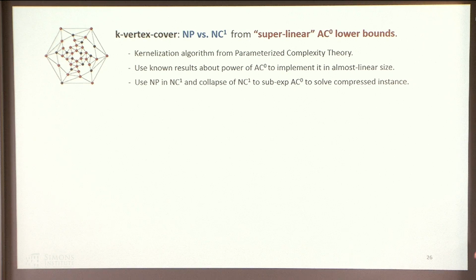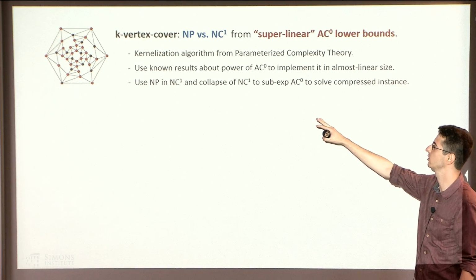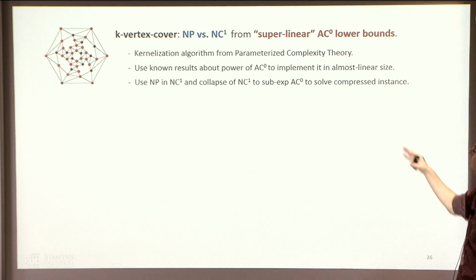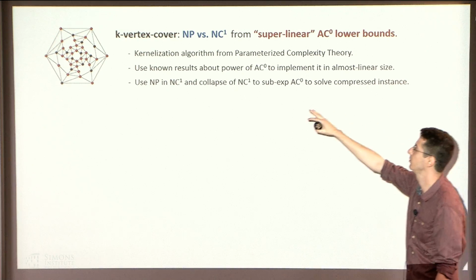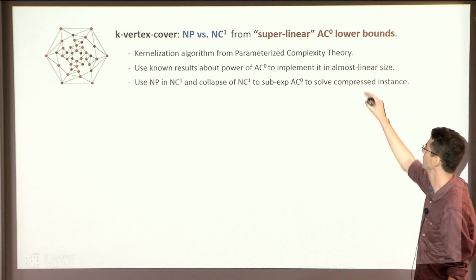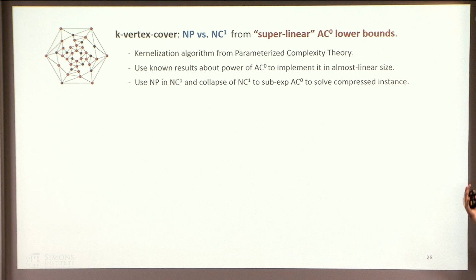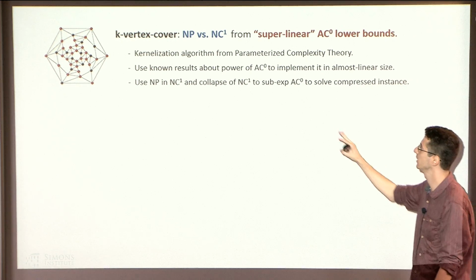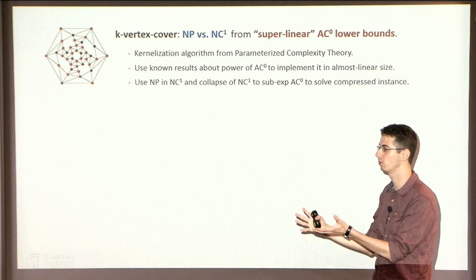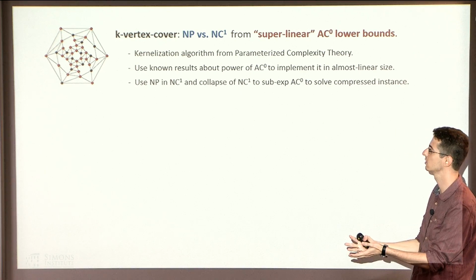Now I just want to tell you about the main ingredients in some of these proofs. The first theorem I mentioned was about the graph problem k-vertex cover, and how you can investigate NP versus NC1 by just proving superlinear AC0 lower bounds. For this problem, we use ideas from parameterized complexity, how you compress an instance to a much smaller instance.